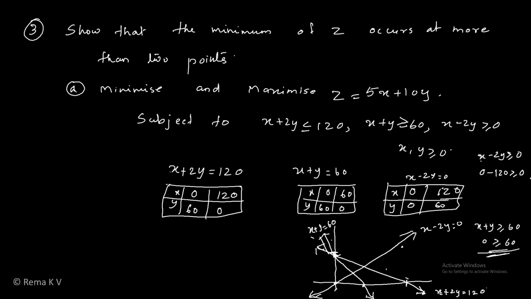This is a false statement. So we cannot consider the plane containing this point. Its opposite part we have to take. Okay, so for the first one, the lower half. For the second one, the upper part. And for this, the lower part. So the common region is this one.